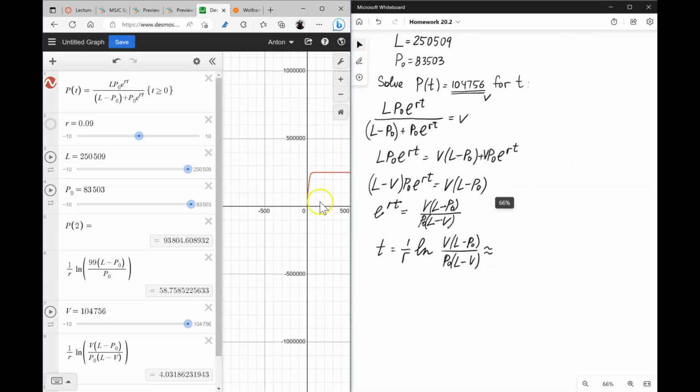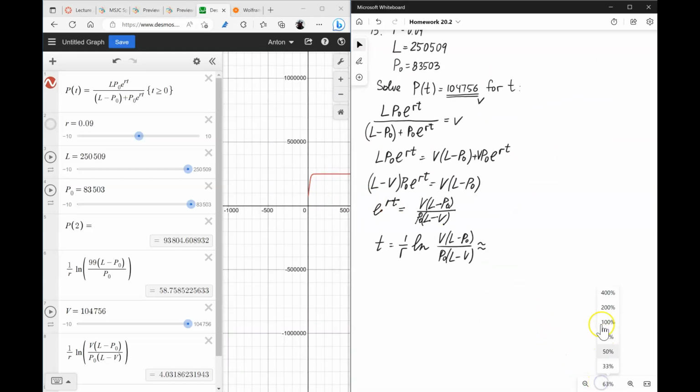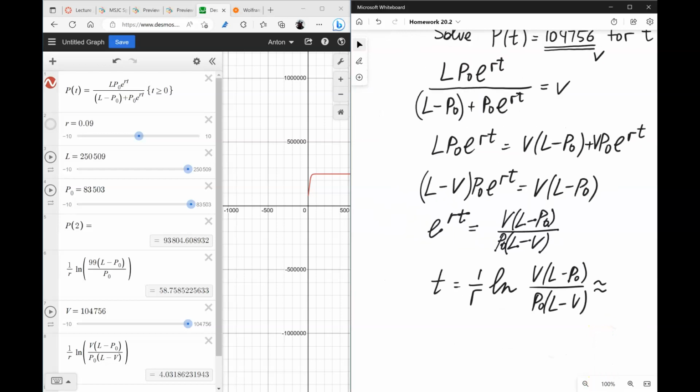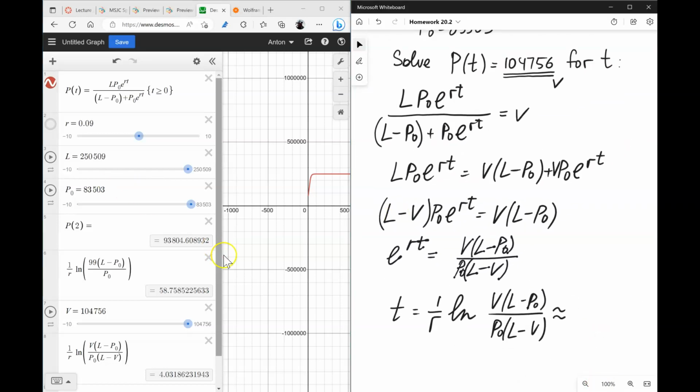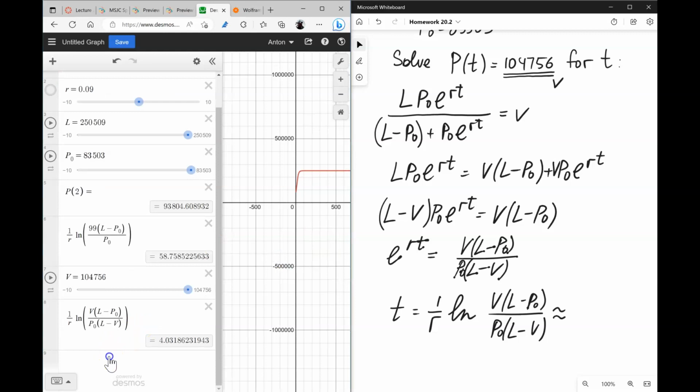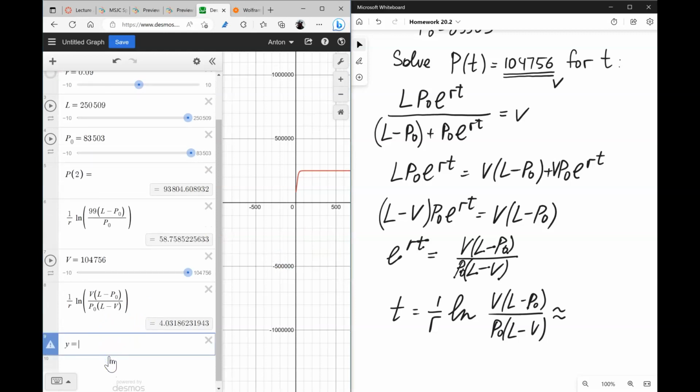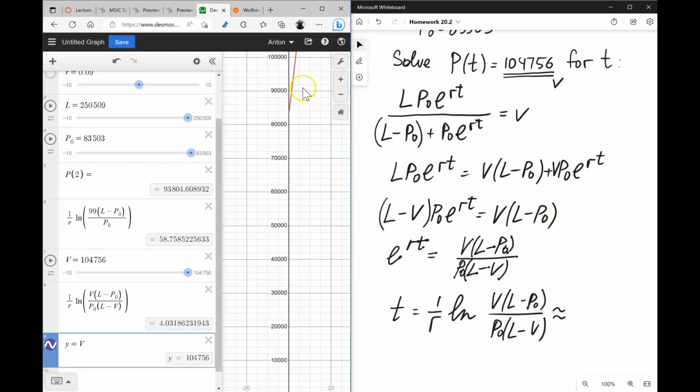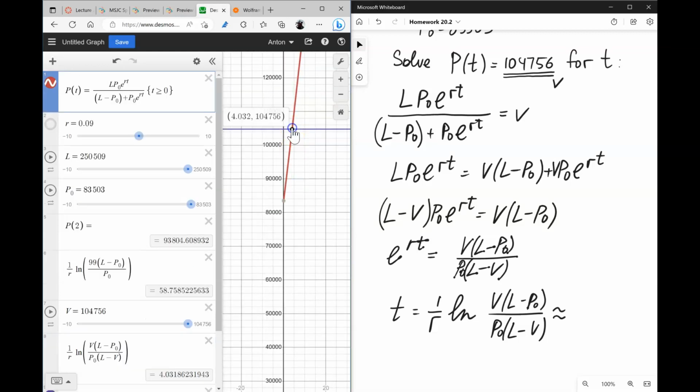And we're trying to find when the graph will hit a certain level, which is V. So we just need to graph y equals V, and wherever these two intersect, that's the answer. So the answer is 4.032.